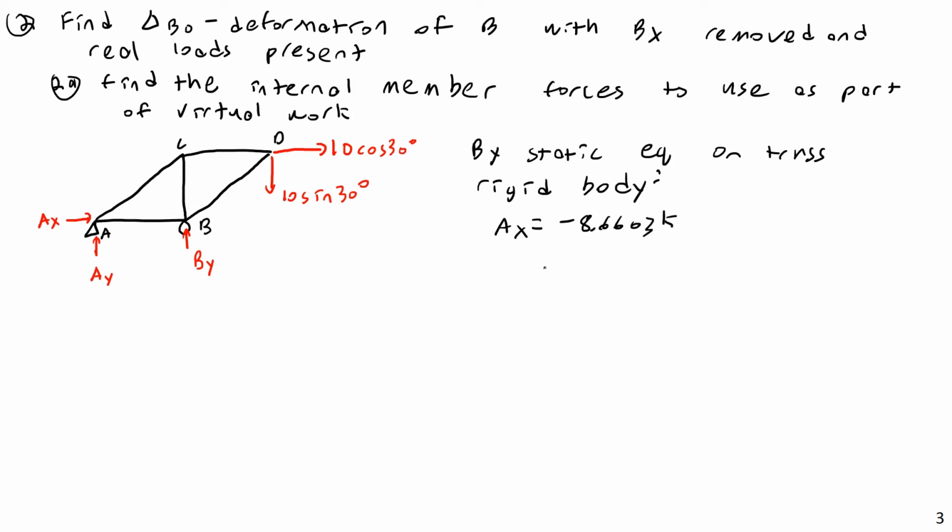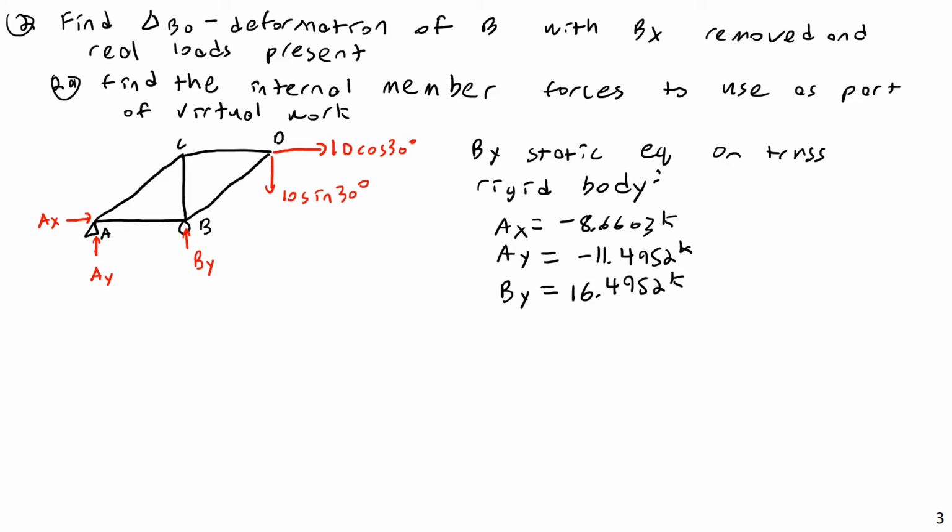I then found AY. I took a moment about B and balanced that, and found that AY is equal to negative 11.4952 kips. And then I also found that BY, by taking a moment about A, is equal to 16.4952 kips. And then I checked them with the sum of forces in the horizontal and vertical directions.